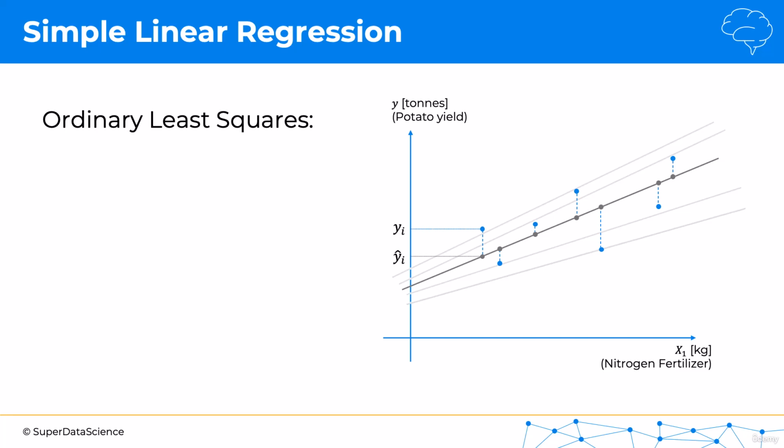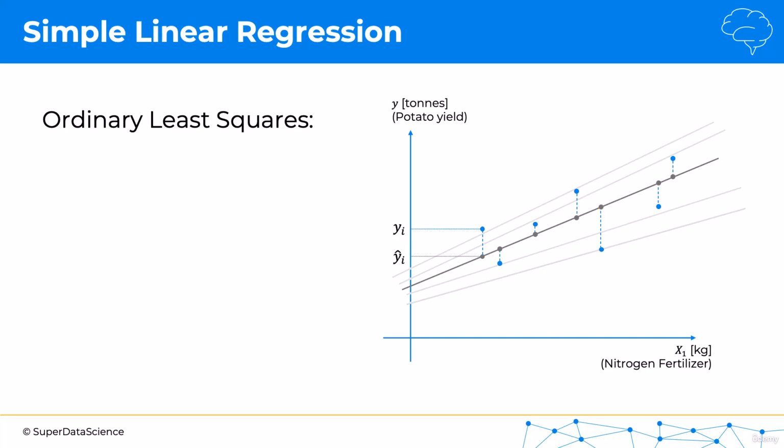Yi is the actual amount of potatoes, in our example, yielded from the farm when that specific amount of nitrogen fertilizer was used. So let's say 15 kilograms of nitrogen fertilizer were used and the farm yielded 2 tons of potatoes.